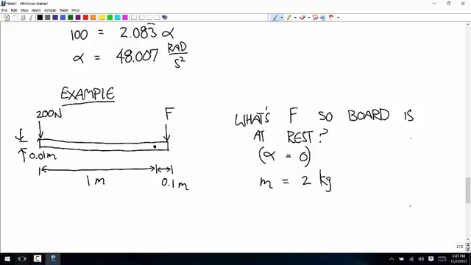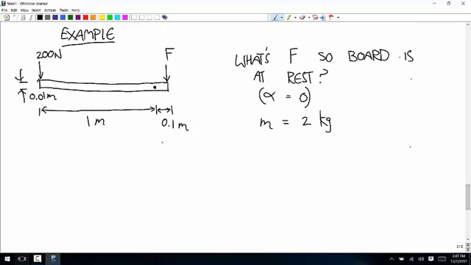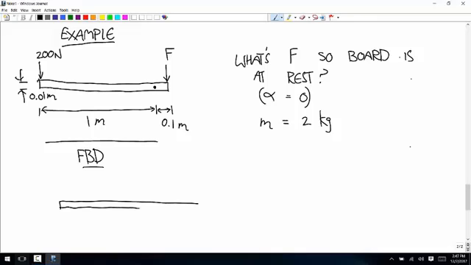So there is going to be weight for this board. A free body diagram. There's a 200 Newton force, there's a downward force at the middle of 2 times 9.81. There's the two forces here that aren't going to affect anything. And then there's a downward force F that we're trying to calculate.